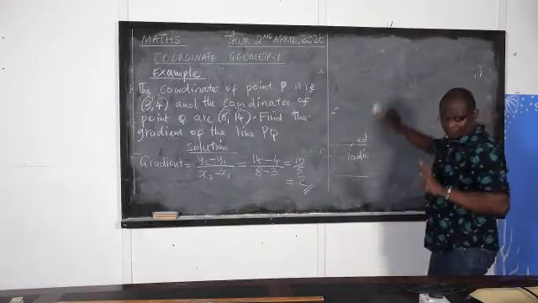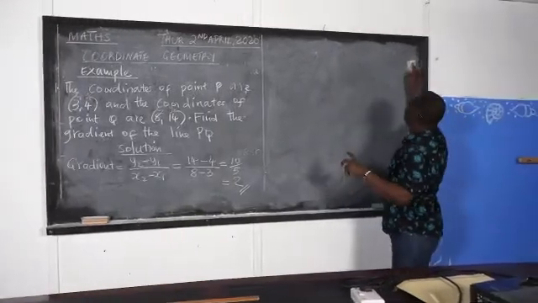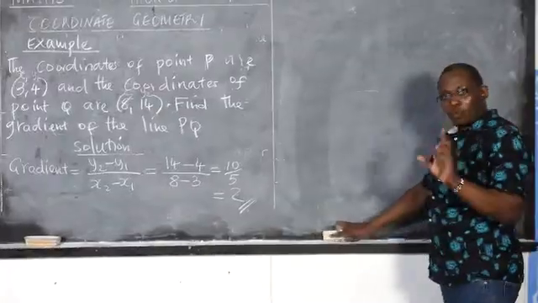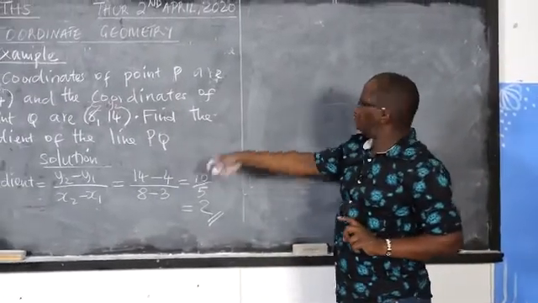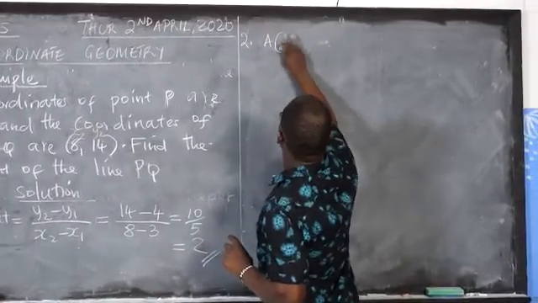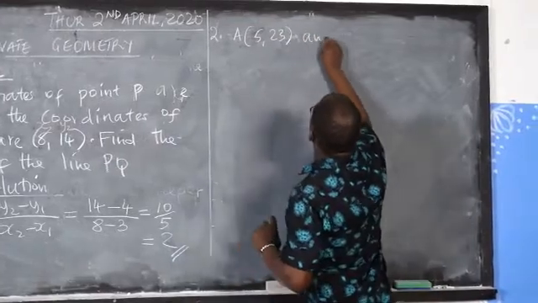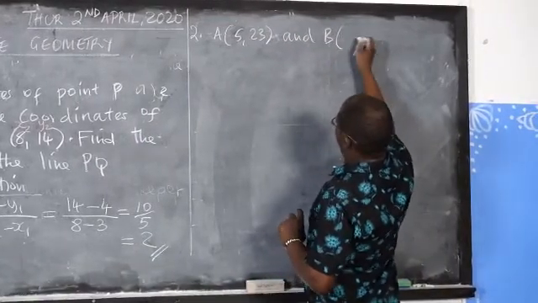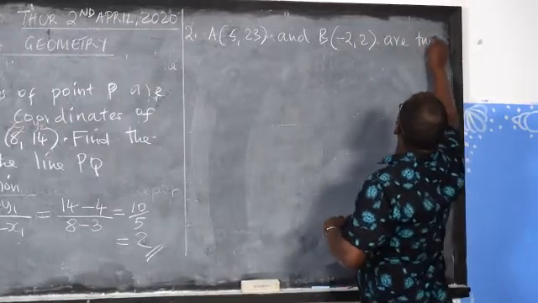So I still repeat, when you are told to find the gradient of a line given 2 points, first of all, label the points appropriately and write down the formula of finding the gradient. So example 2, we have A (5, 23), and let's say B (negative 2, 2), are 2 points.